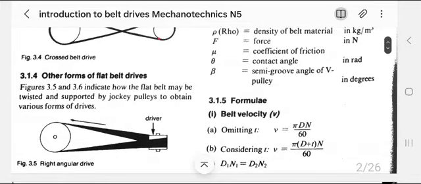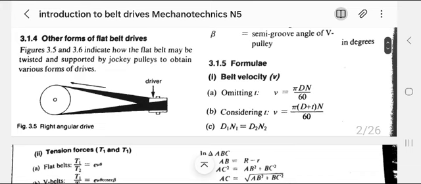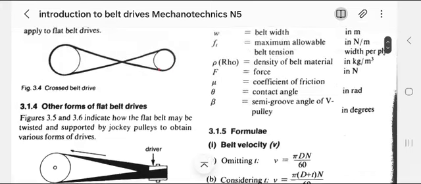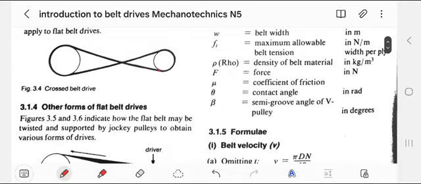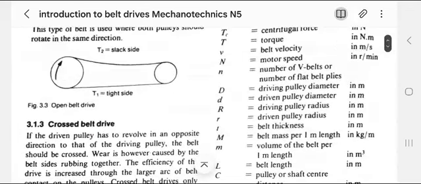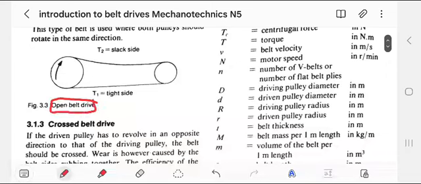That is another important note, right? We'll be looking at two types actually here: the cross belt and the open belt. And we'll be dealing with two types of belts, V belts and flat belts.